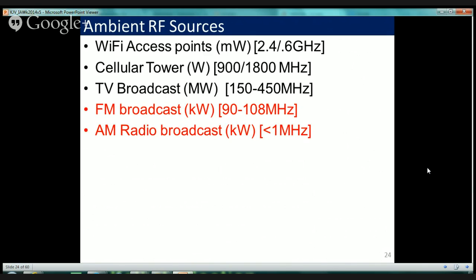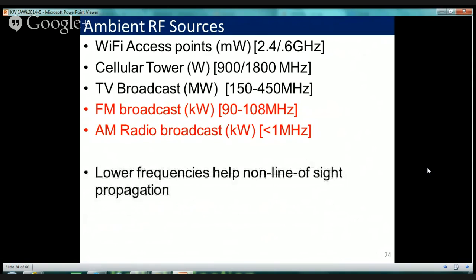And interestingly, some of these have very high power transmitters, and therefore there is a possibility that we could work with some of these schemes to harvest the energy.